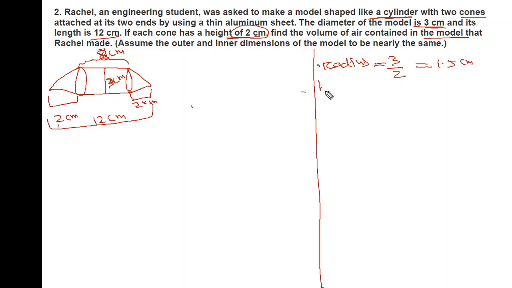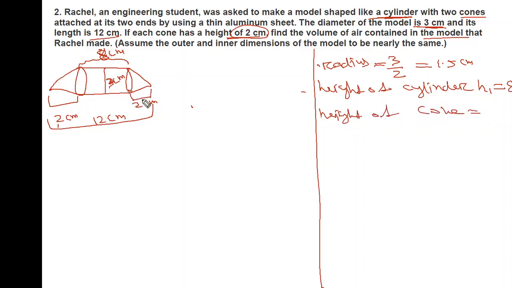Then height of cylinder, we can write h1. h1 is equal to 8 cm, we have already found. Height of cone, now you have cone height is 2 cm given, so height of cone you can write h2 equal to 2 cm, and radius r is 1.5 or 3 by 2 you can write.